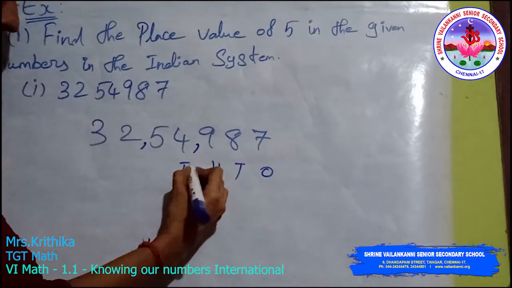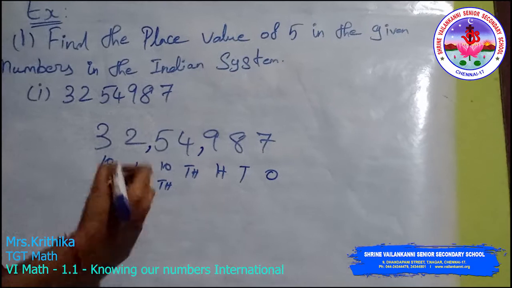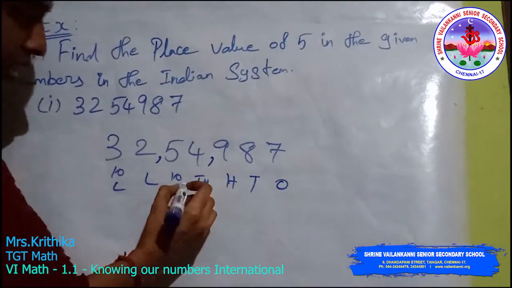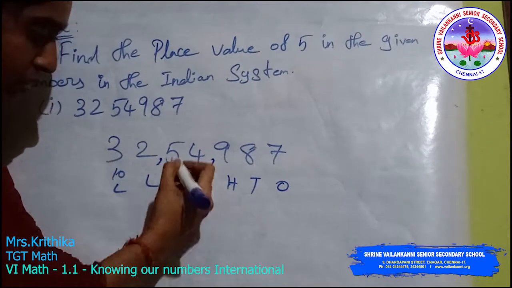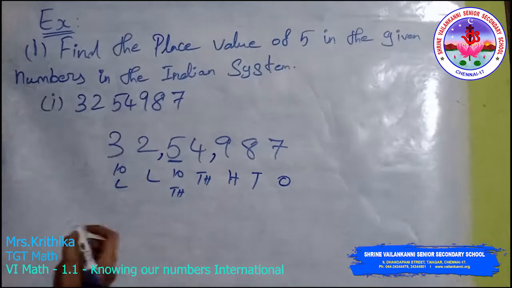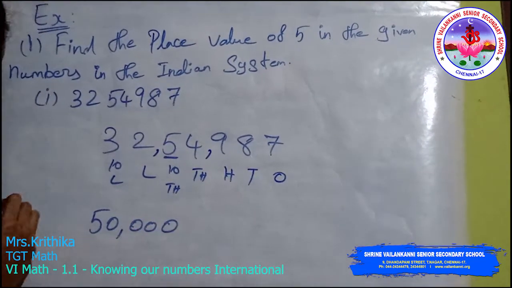Find the place value. Here the 5 is in the 10,000s place, so the place value of 5 is 50,000.